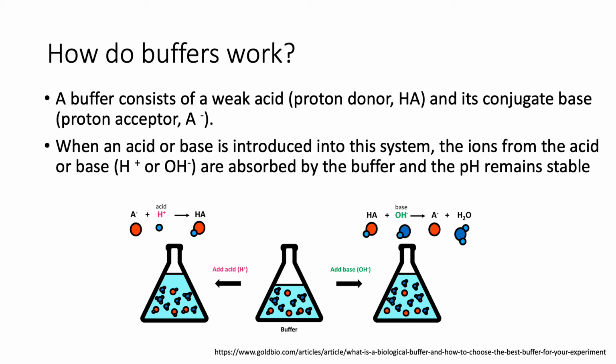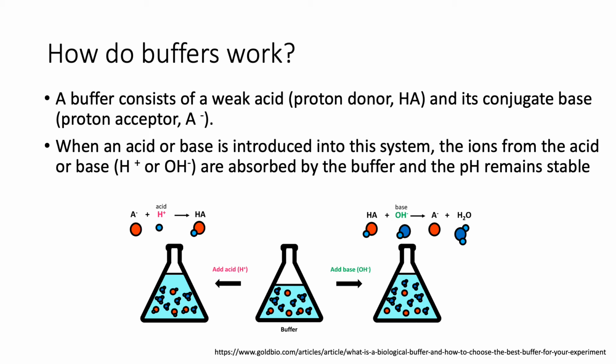If you look at our two examples in our little illustration down here, going to the left, you add an acid. Rather than reacting with water, the acid can react with the conjugate base, the proton acceptor that we have in our buffer system.